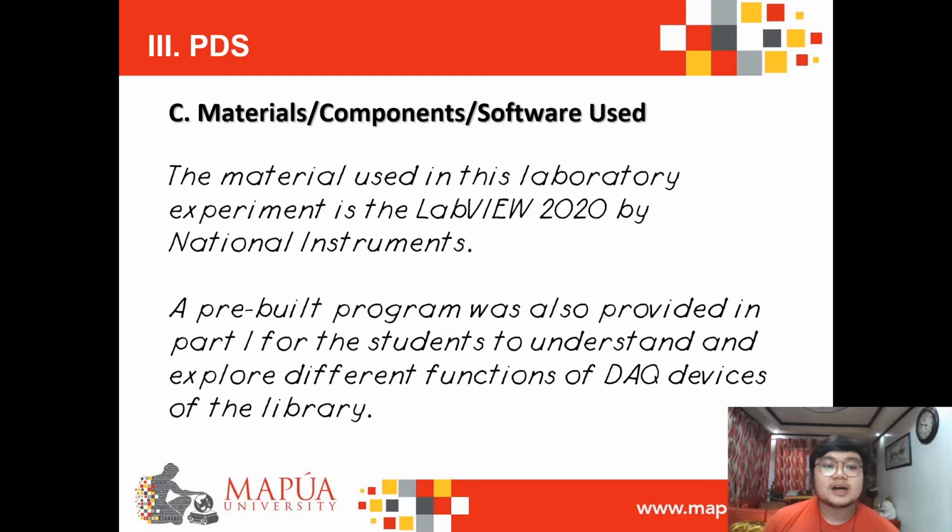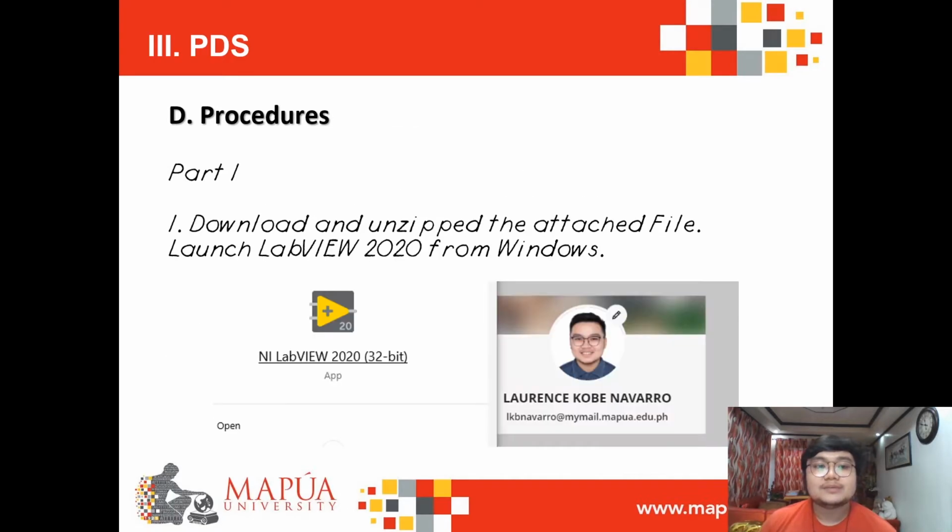So C tackles the materials, components, and software used. The material used in this laboratory experiment is LabVIEW 2020 by National Instruments. A pre-built program, as I said a while ago, was also provided in part 1 for the students to understand and explore different functions of the DAQ devices of the library.